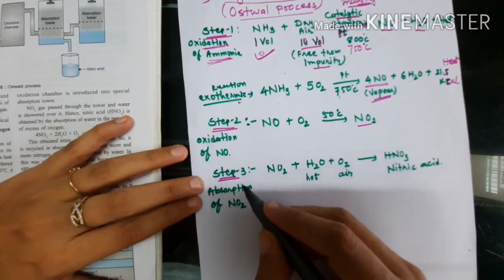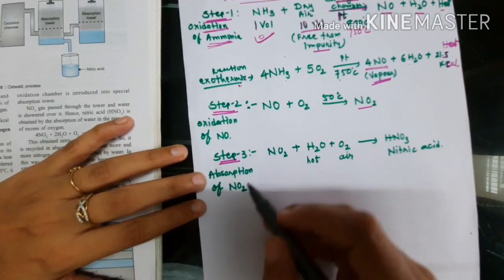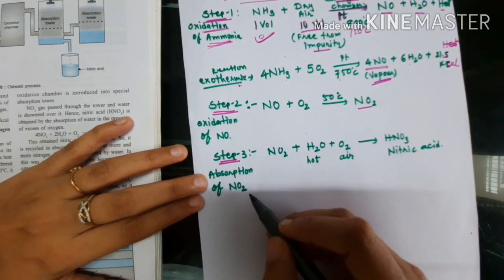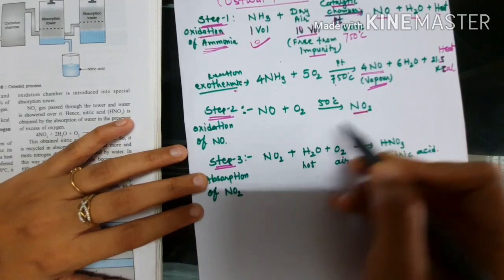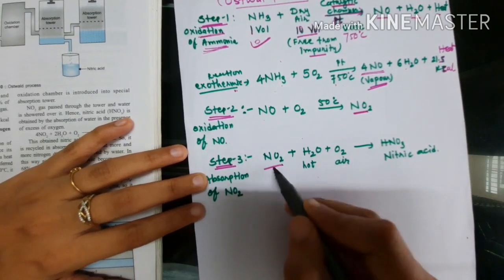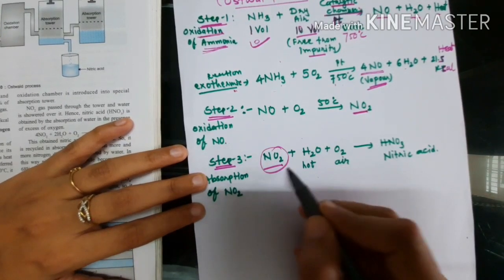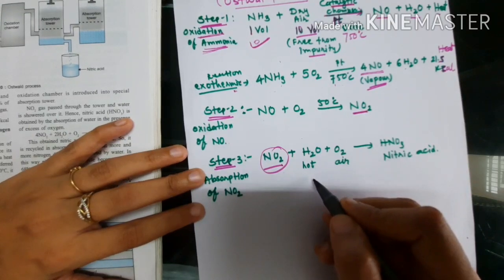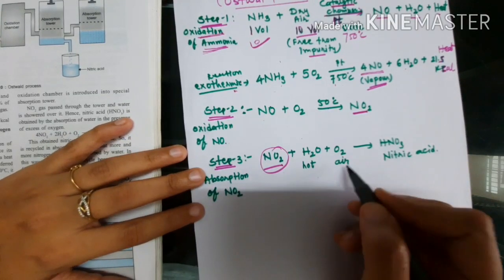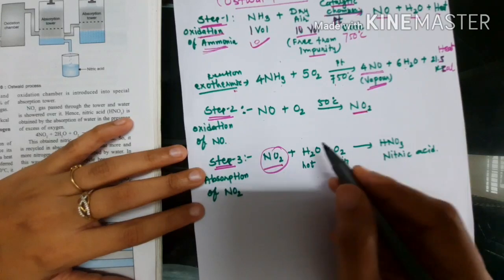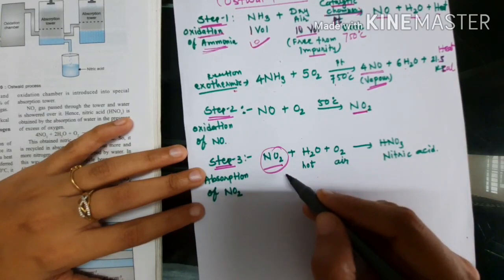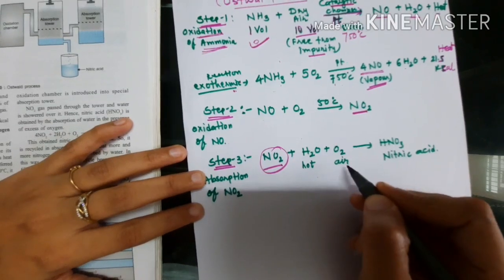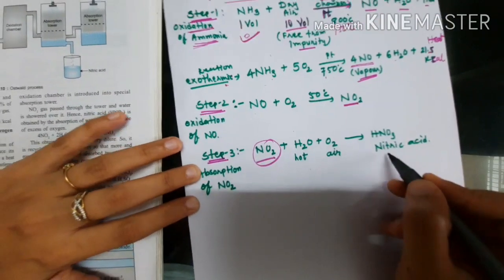Now step number 3: absorption of NO2, which means that here the NO2 will be produced. When NO2 is passed through hot water in the presence of air, which means we shower the water on this NO2, and then in the presence of oxygen, nitric acid will be produced.